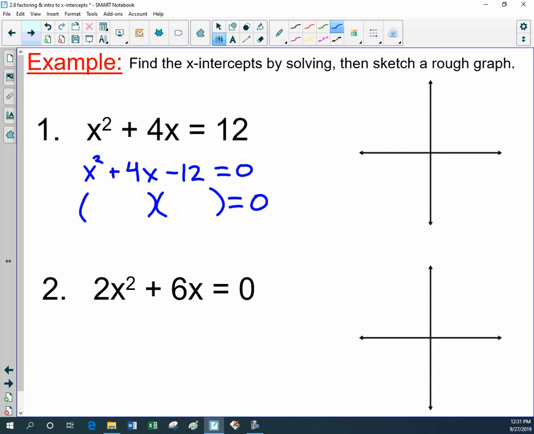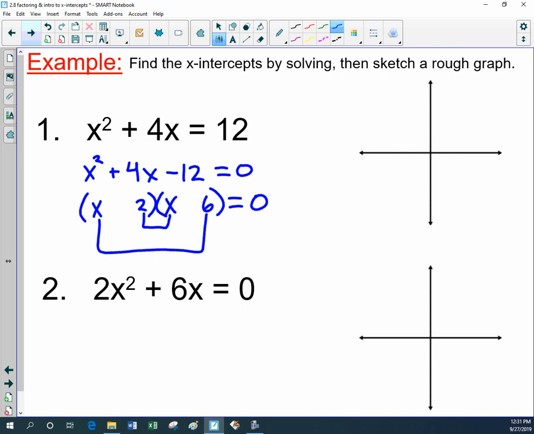So factors of x squared, x and x. Think factors of 12: 1 and 12, 2 and 6, 3 and 4. We're trying to get a positive 4x. So can you visualize what numbers would go in those two spots? 2 and 6.